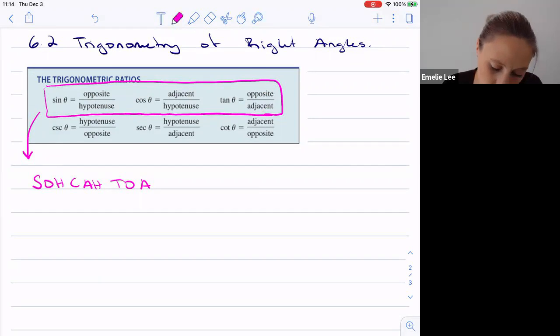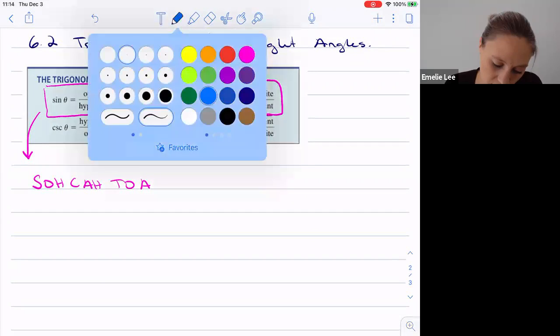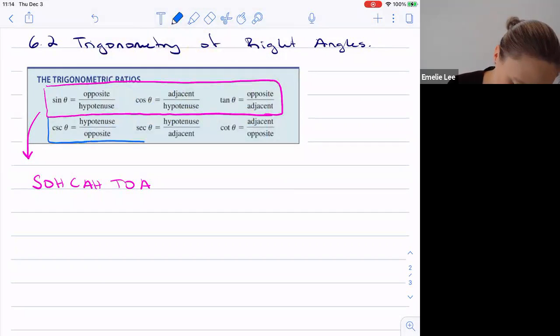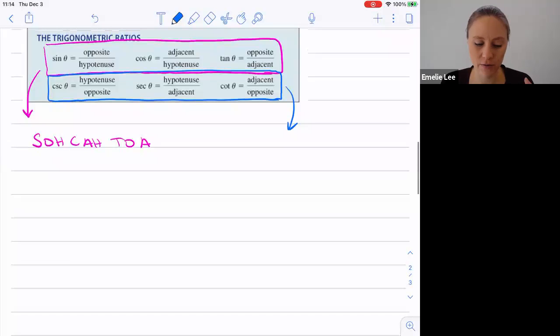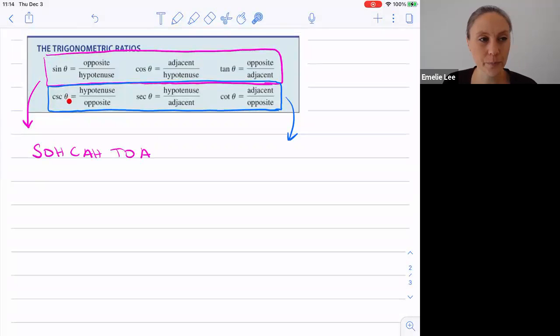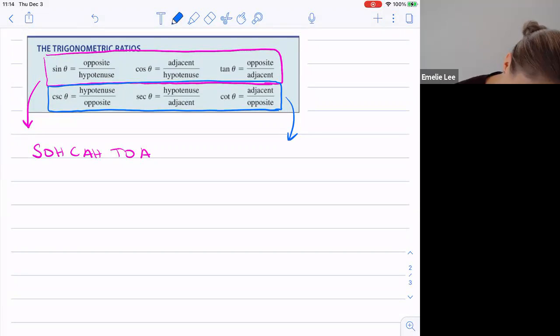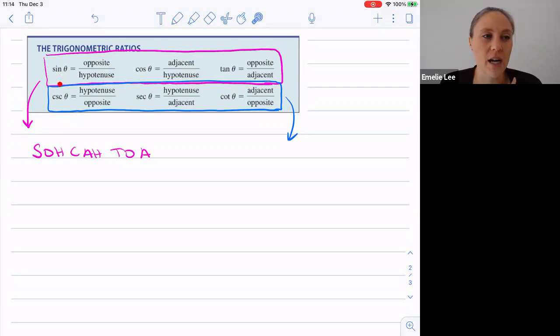The new stuff that we're introducing today is this lower half, but notice that they're just the flipped version of the ones above. So cosecant theta, CSC, is the flip of sine. The cosecant of theta is the hypotenuse over the opposite. So these lower ones, let's call them SOHCAHTOA 2.0, right?